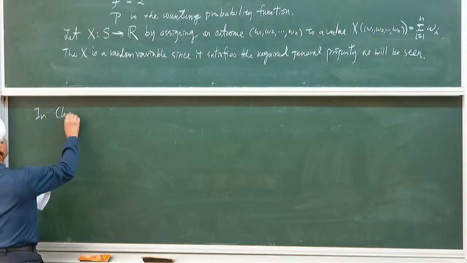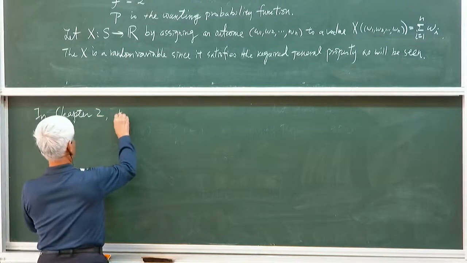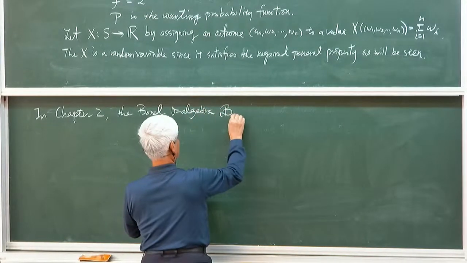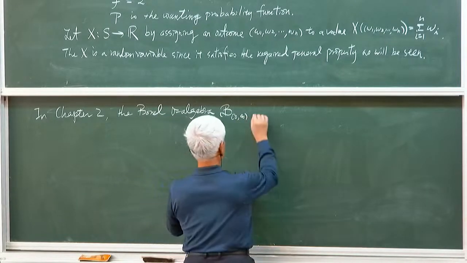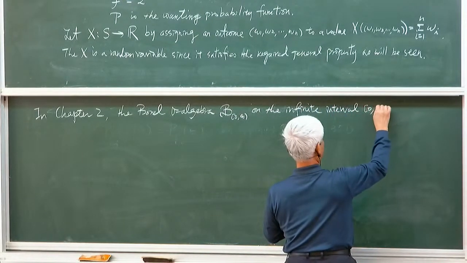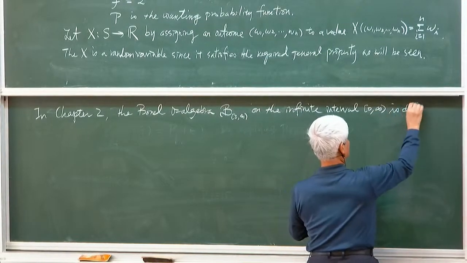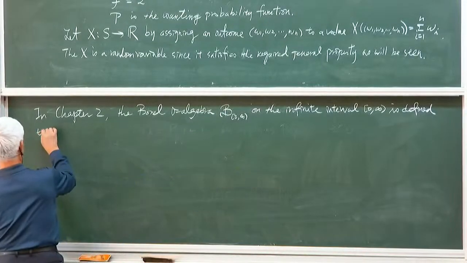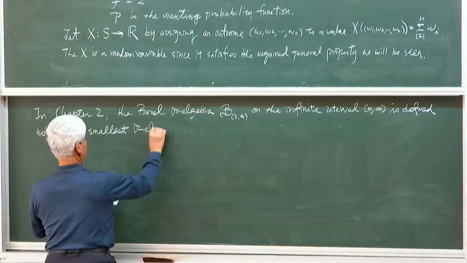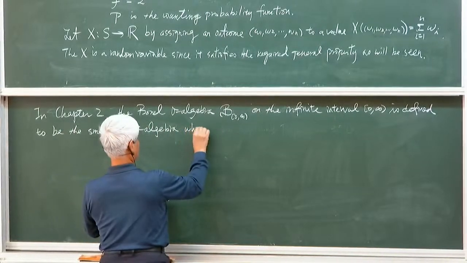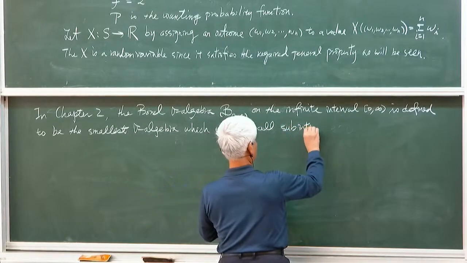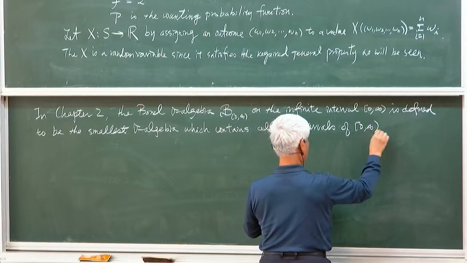In chapter 2, the Borel sigma algebra B sub 0 to infinity on the infinite interval is defined to be the smallest sigma algebra which contains all subintervals of the infinite interval, 0 to infinity.